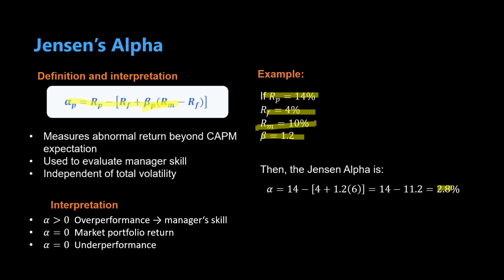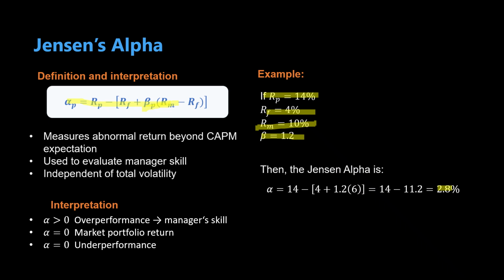Jensen's alpha is independent of total volatility. It doesn't matter how volatile the portfolio was in absolute terms. What matters is whether the manager beat the CAPM benchmark. The key limitation to remember for the exam is that Jensen's alpha is only meaningful if the CAPM, or capital asset pricing model, is a valid model.